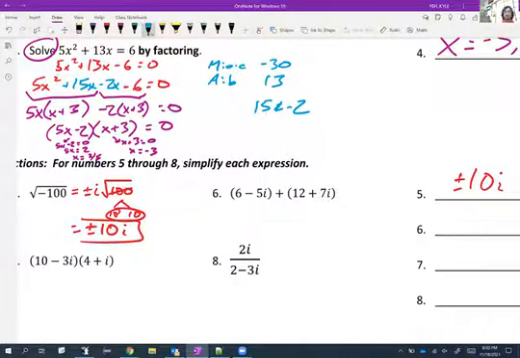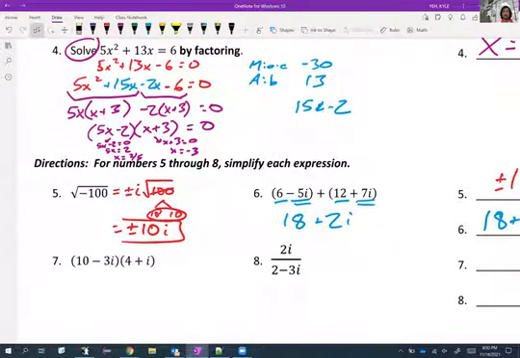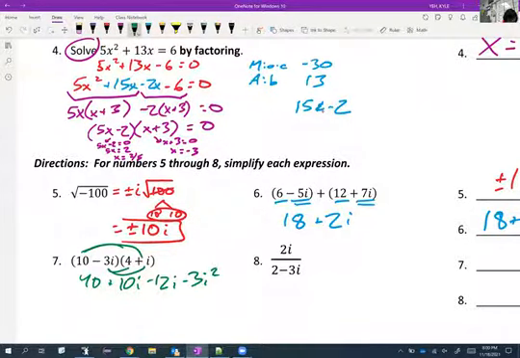What about this next problem? Number 6. Adding complex numbers, we just combine like terms. So 6 plus 12 is 18. Negative 5i's plus 7i's is plus 2i. 18 plus 2i. Now, number 7, this is kind of a foiling one with complex numbers. So 10 times 4 is 40, plus 10i minus 12i minus 3i squared.